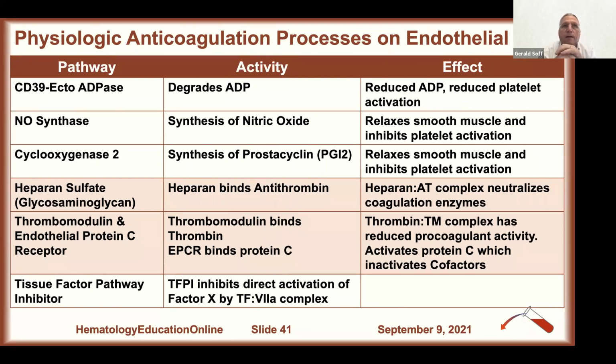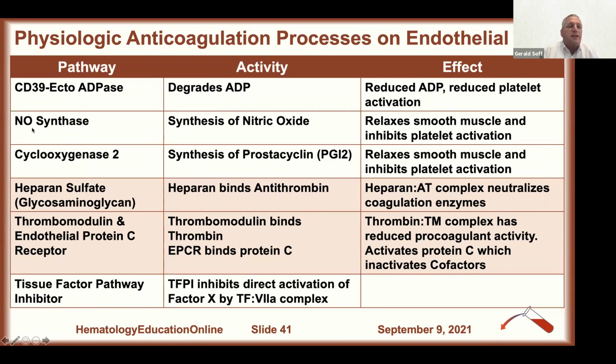Endothelial cells do not activate clotting, which is very important. But beyond that, they actually regulate and reduce the rate of clotting shown here. So there's a lot of these pathways which we're not going to talk about. There's CD39, or ecto-ADPase, that degrades ADP, and as we'll talk about later in the year, ADP activates platelets.